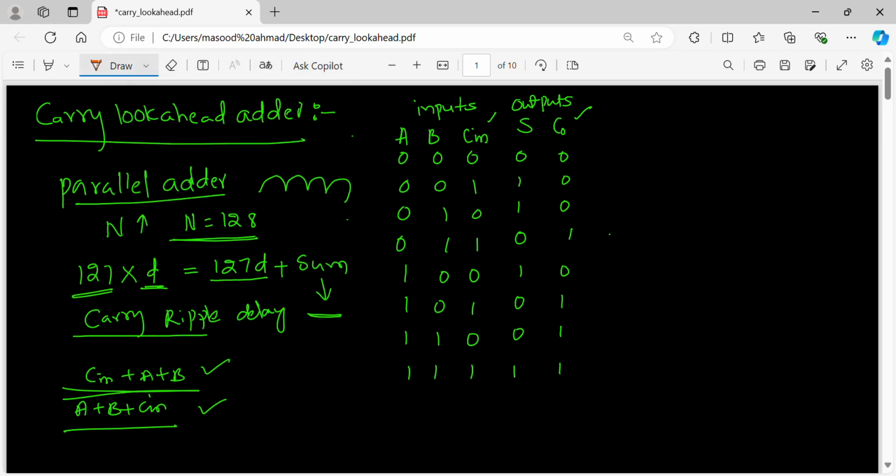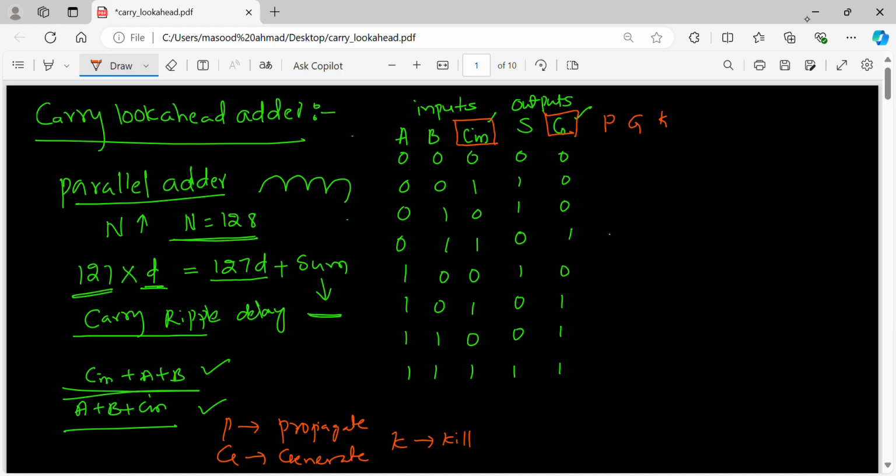Based on that comparison, I am going to write propagate, generate and kill. P stands for propagate, which means you are sending the carry along. G stands for generate. K stands for kill. Now let's see what they are.